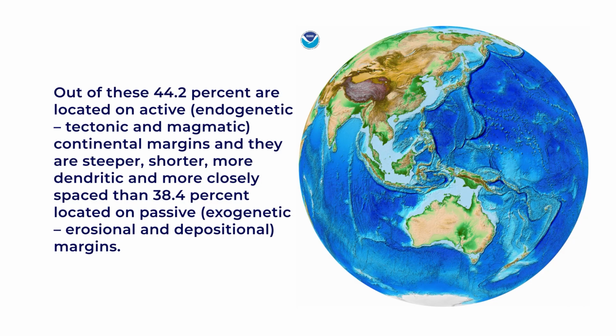So 44.2% of submarine canyons are located in these areas which are tectonically and magmatically active, and they are steeper, shorter and more dendritic. Dendritic means tree-like branches they make, and more closely spaced than the 38.4% located on the passive continental margins.